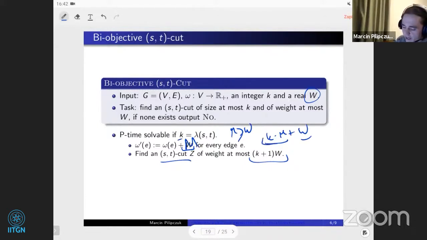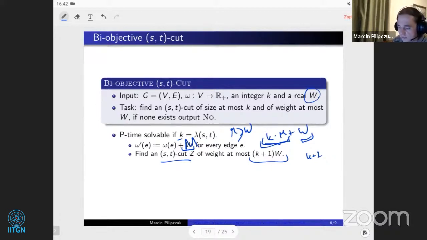I spend km just on the edges, and I cannot cut k plus 1 edges because that's more than this budget. So I need to cut k edges, and the weights need to total to at most W. So this problem reduces to a minimum weight cut problem without any cardinality bound.